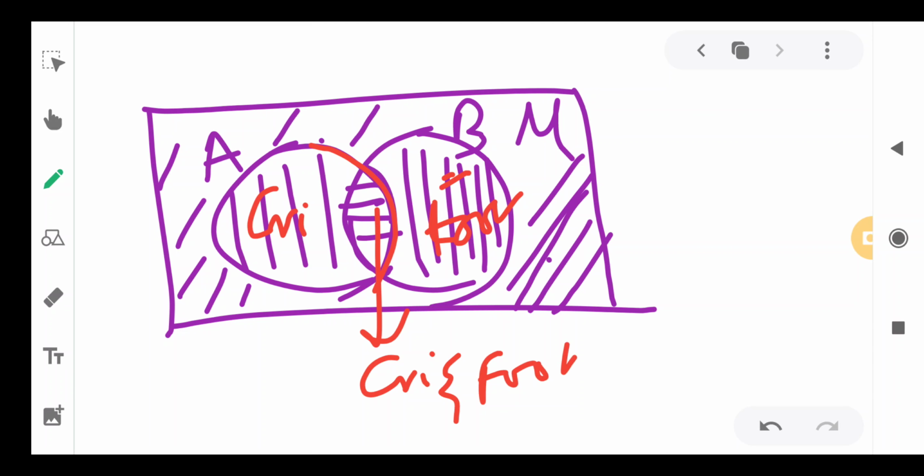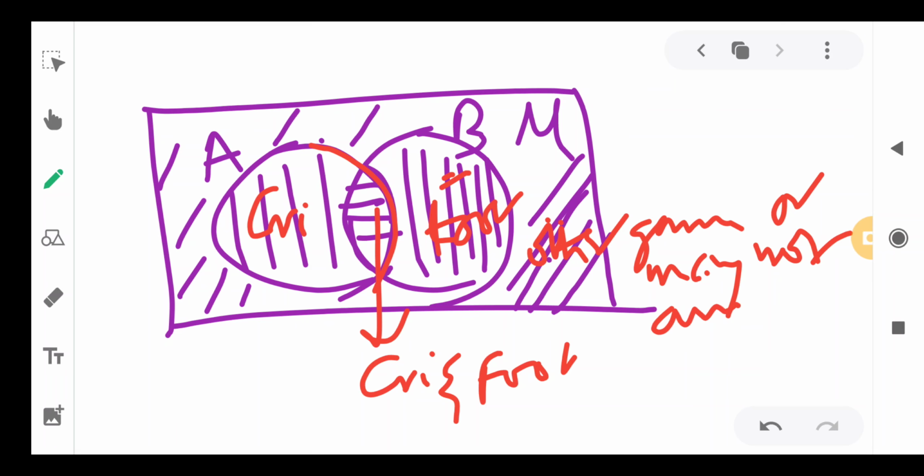In the remaining place are people who don't play cricket or football, but may play some other game, or may not play any game. Here only cricket players, here only football players, here both, and here none.